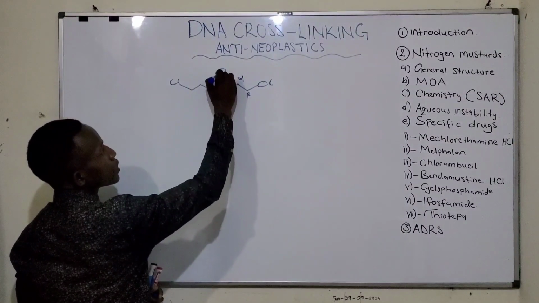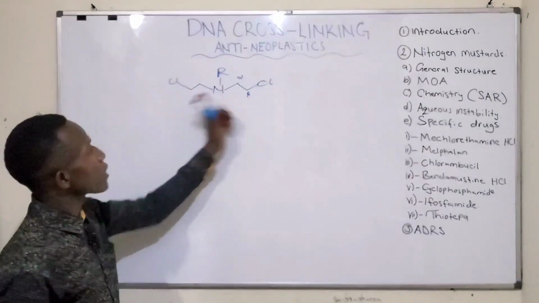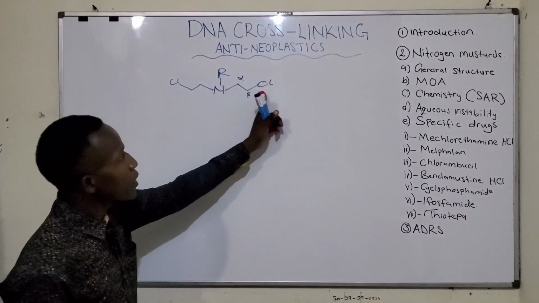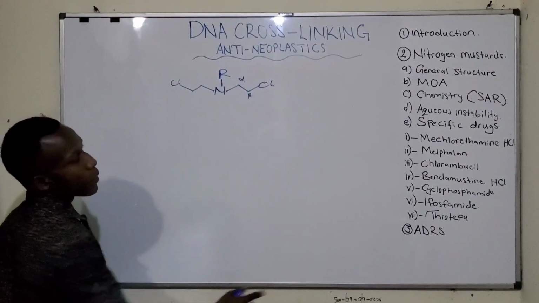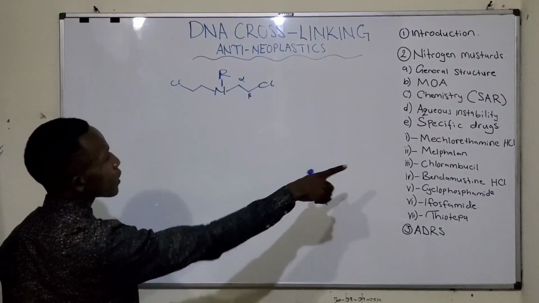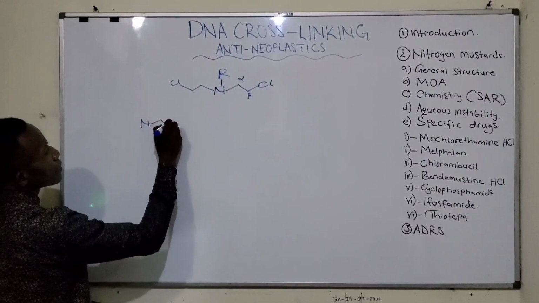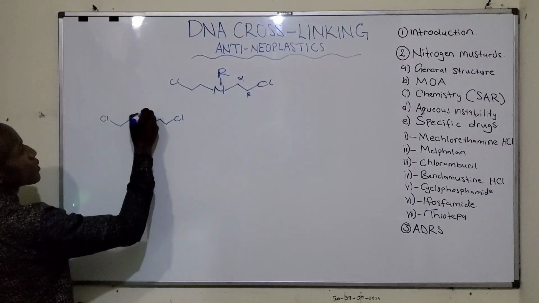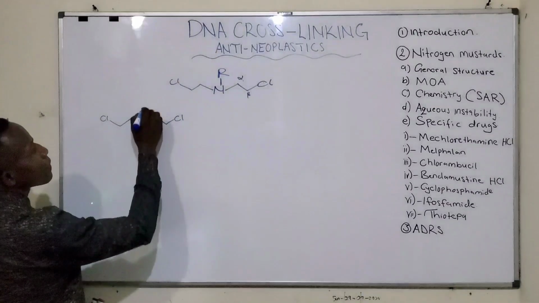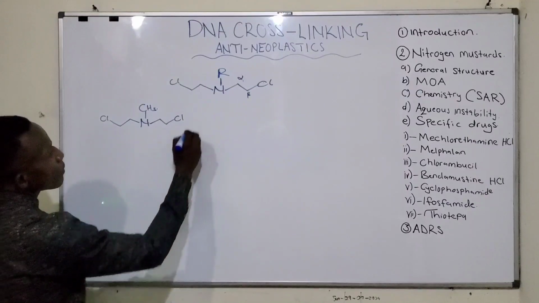The changes we shall see only at the R group, but these other structures, the ethyl chloride, are the same. For example, if it's mechlorethamine, it will be like this. The R group will be the methyl group. This is mechlorethamine.